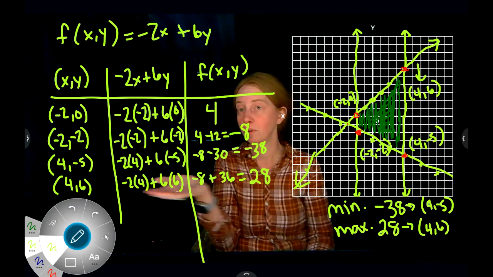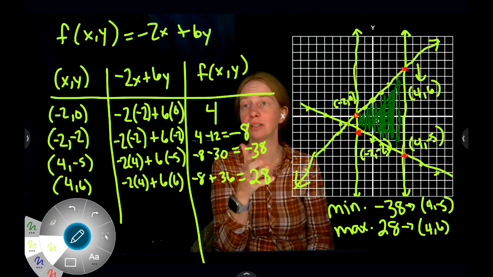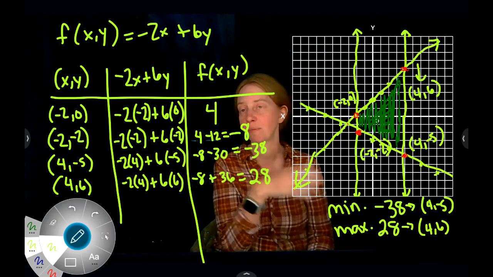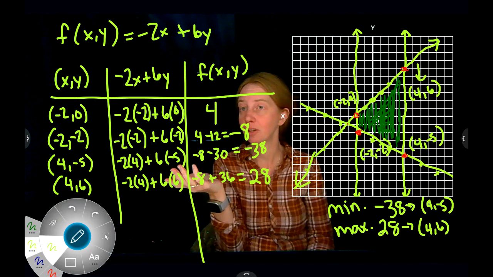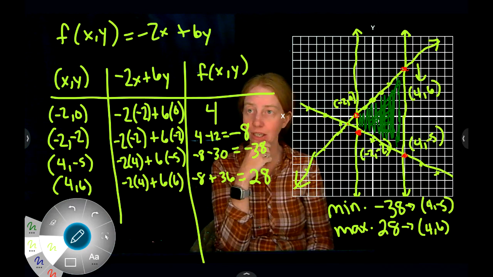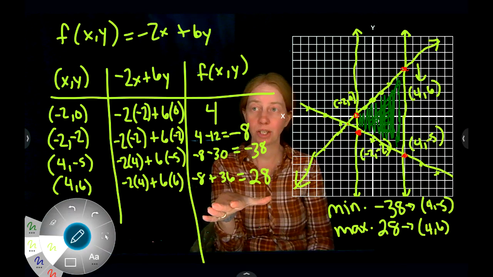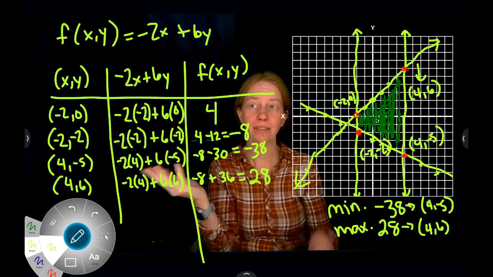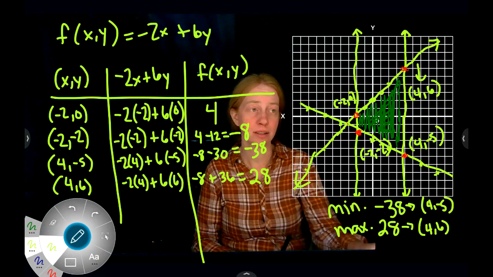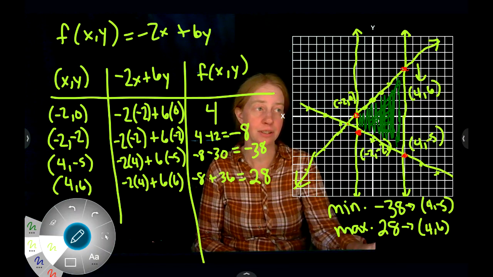Maybe there's not a minimum, maybe there's a max but no min, maybe there's a min but no max. Maybe there's no solution. So there's a couple of examples that you can look at. Definitely, if you have questions, please ask. But that's all there is to this, just following these kinds of steps. Okay.